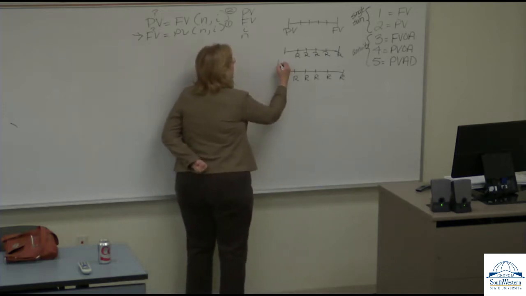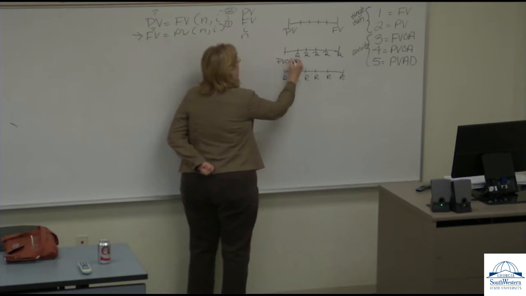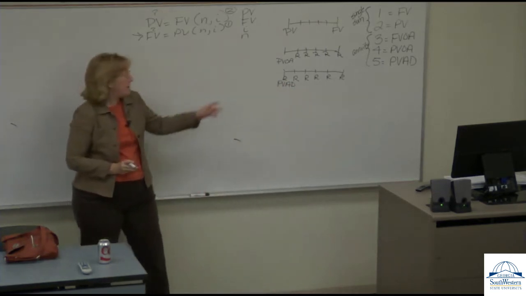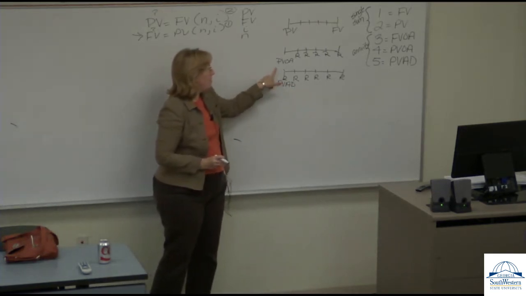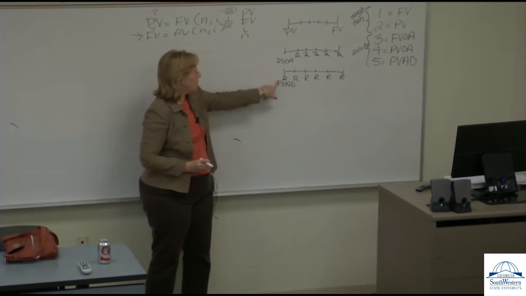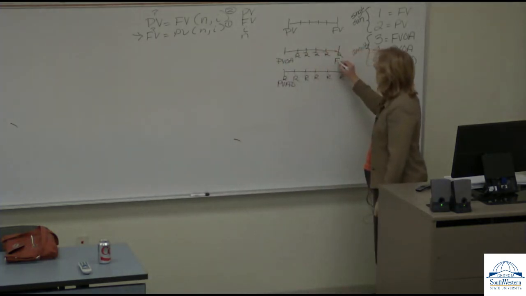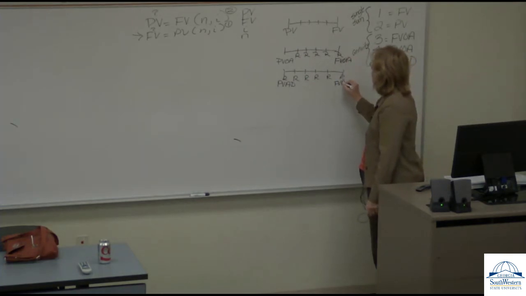So in this case, this would be a present value of an ordinary annuity. In this case, this would be present value of annuity due. That's the only difference. Annuity due, ordinary annuity. There's a rent at the beginning of the period in the annuity due. Okay? So this would be the future value of an ordinary annuity and the future value of an annuity due.